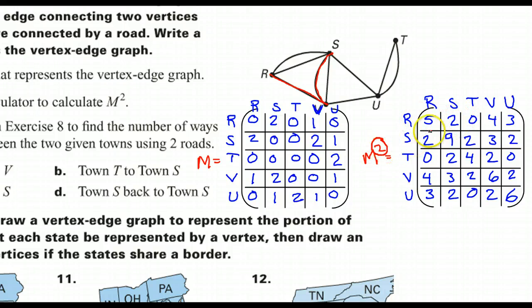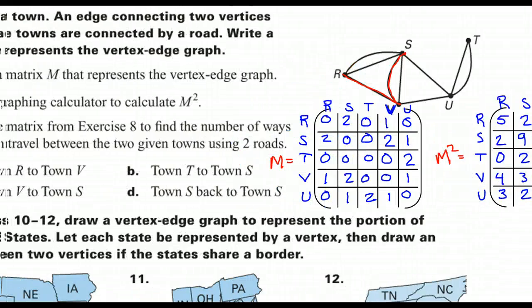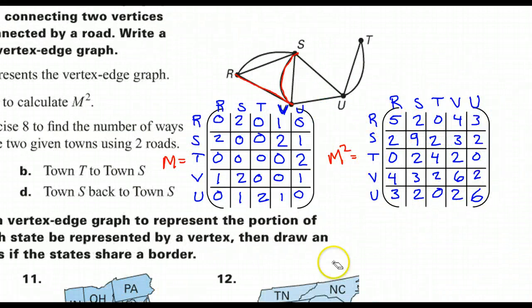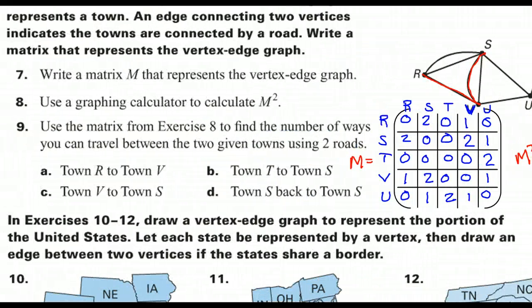If I did fourth power, it'd be how many ways I could get from R to S using four paths. So this number tells you how many paths you have to use. Okay, so with that in mind, now we're going to use the matrix that we just calculated, the one we were just playing with, the two-path matrix, to answer these questions.